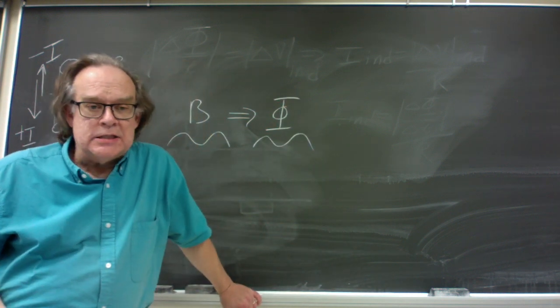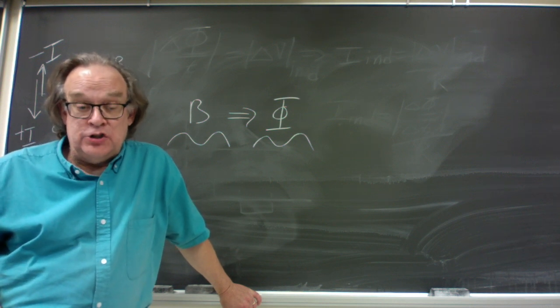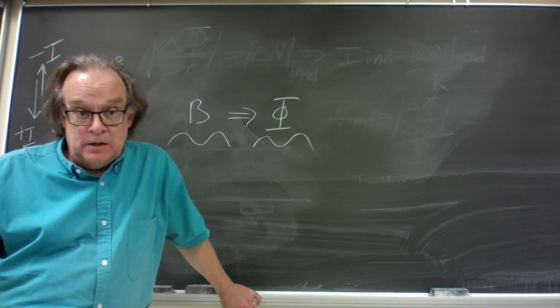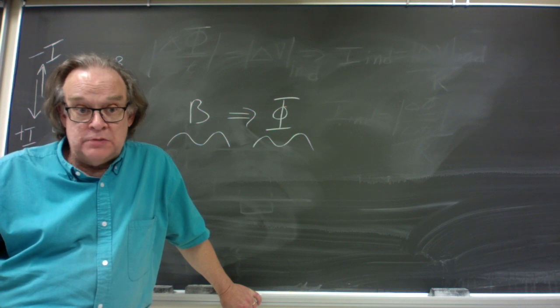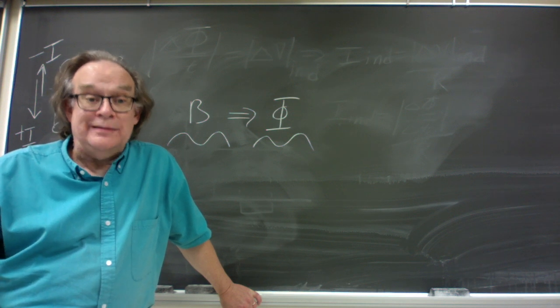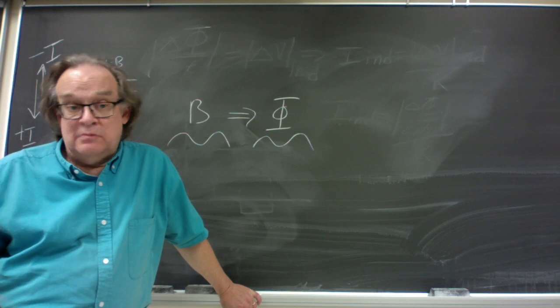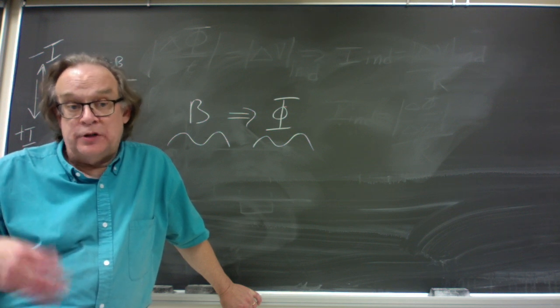And if flux is oscillating like that, it's changing. And if it's changing, that induces a new potential difference. And we could just as easily say that the changing flux induces a new electric field, because whenever there's an electric field, there's always a voltage, always a potential difference, and vice versa.